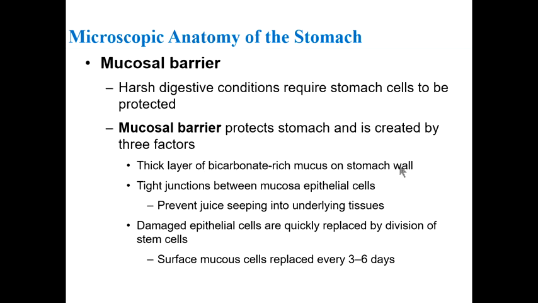Bicarbonate-rich mucus is on the stomach wall. Between the epithelial cells and the mucosa, we have tight junctions, so this acidic juice can't seep between cells and enter underlying tissues. When cells are damaged in the epithelium of the stomach, they're replaced very quickly by cell division of stem cells that are located in the epithelium of the stomach.